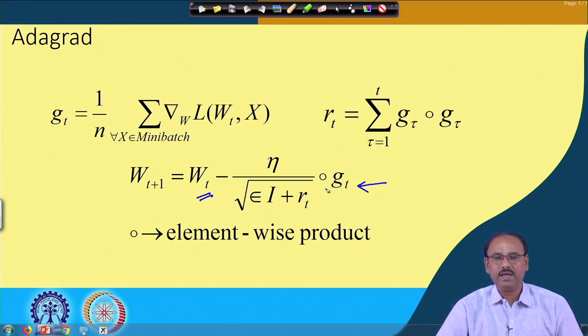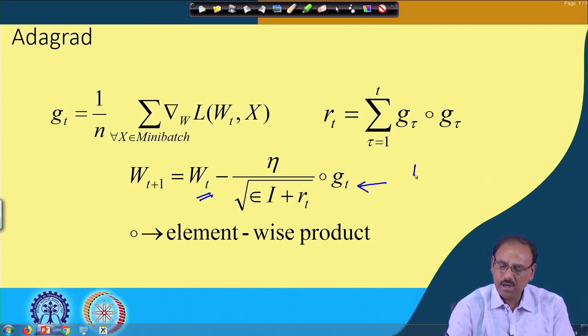That means whenever I write 1 over square root of epsilon I plus Rt, for individual components this will be 1 over square root of epsilon plus Rt i.